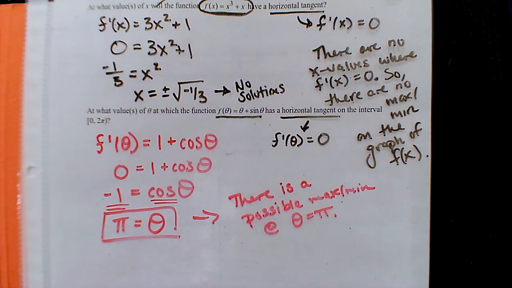We don't know which one it is. We don't know if it's a high point or a low point. We'd have to do a little more analysis to figure that out, and we're going to get into that in a few sections. But for now, we know there's possibly one of them at that location. Does that make sense? A horizontal line has a slope of 0.